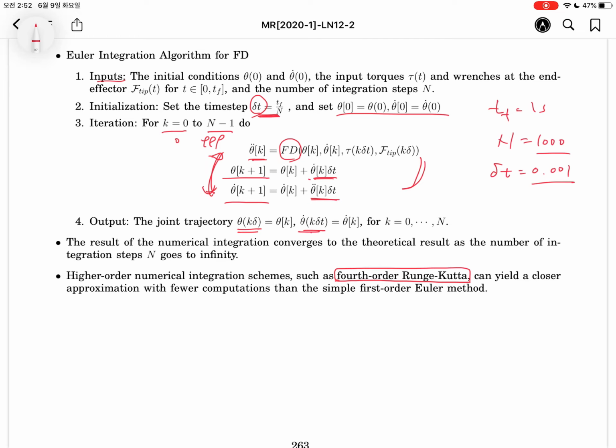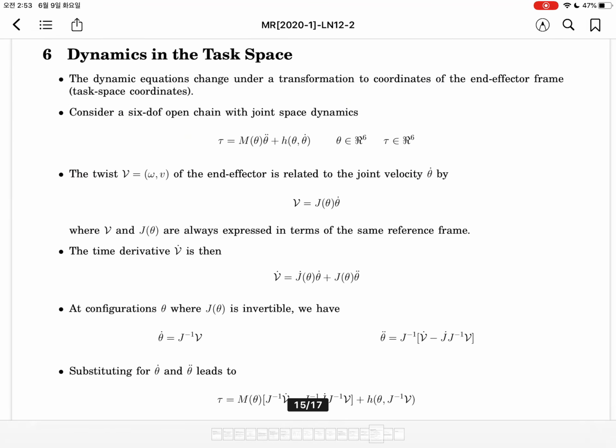I'd like to recommend you use the fourth order Runge-Kutta. If you have used MATLAB, ODE23 and ODE45 correspond to Runge-Kutta. Runge-Kutta is a more stable algorithm to obtain the dynamic motion.